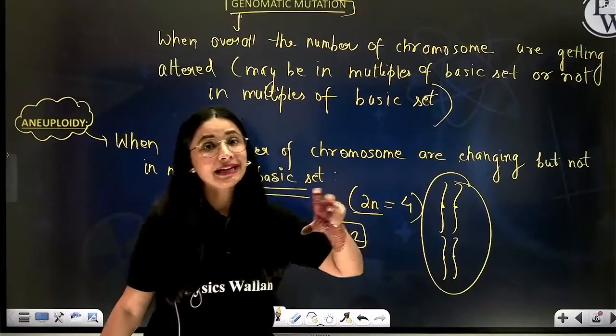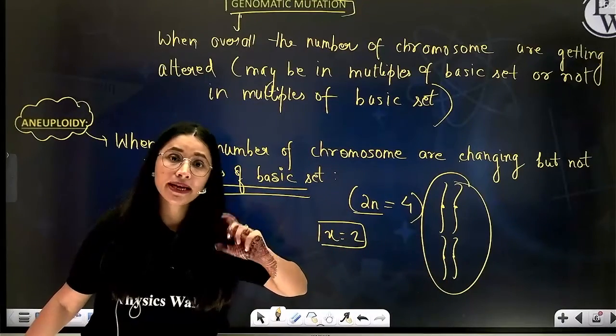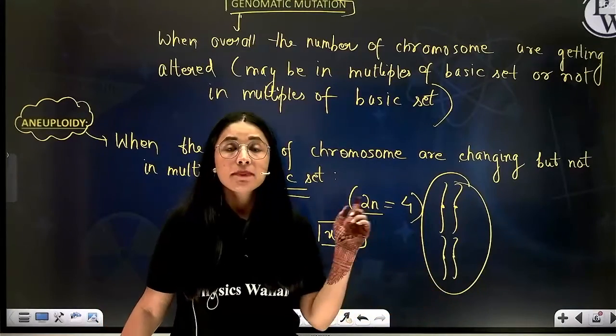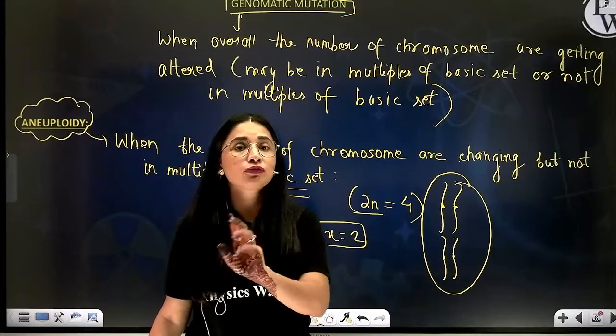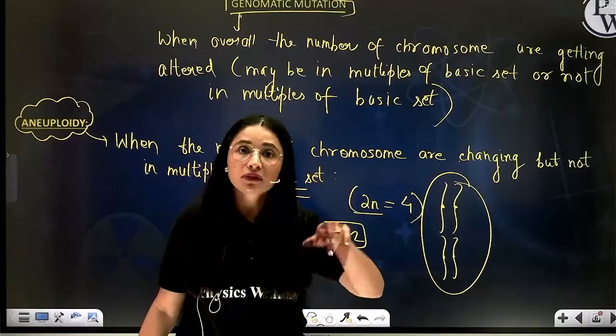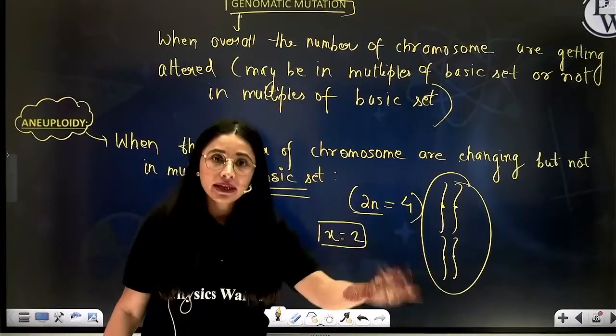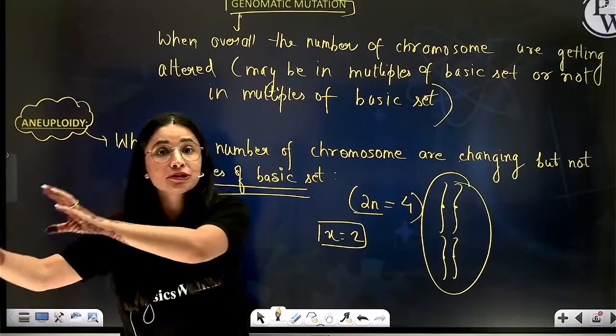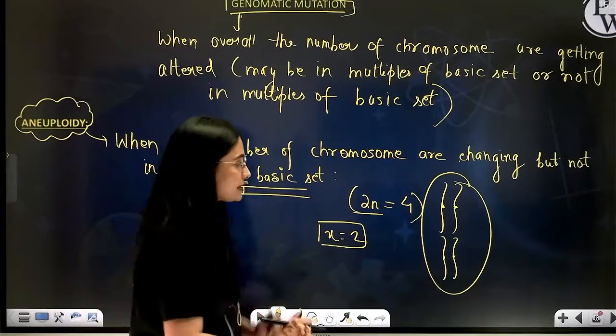That means either addition or deletion of chromosomes is taking place but not in multiples of 2. That means either 1 chromosome is getting added, or 3, matlab not in proper multiples of the basic set. See how?